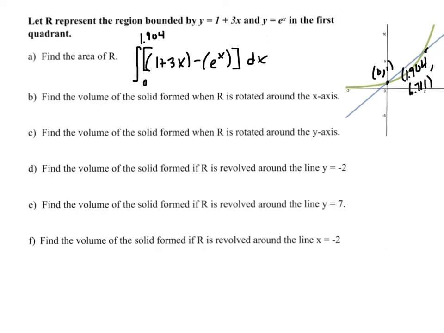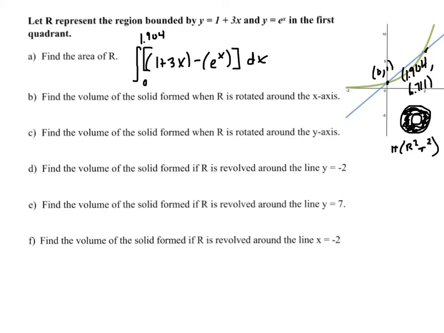Right? Now, if it were rotated around the x-axis, okay, well, remember, every rotation gives a circle, and we're trying to find the area of kind of the donut or the washer, the Cheerio, however you want to think about it. So for every rotation, we're thinking pi times big radius squared minus little radius squared. And if you need help remembering that, go back, watch some videos on that.